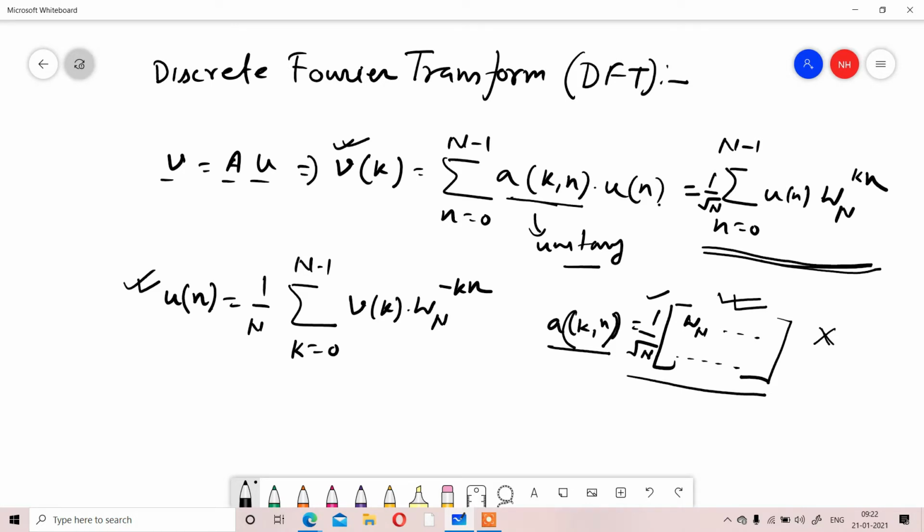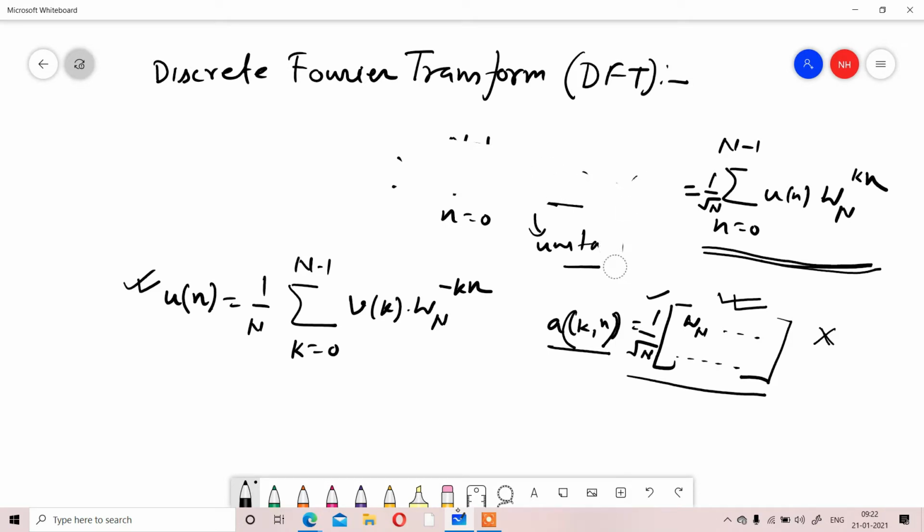Okay, so V, k will be obtained from this expression. At the same time, from here, if you calculate u n, you will get an expression like that.